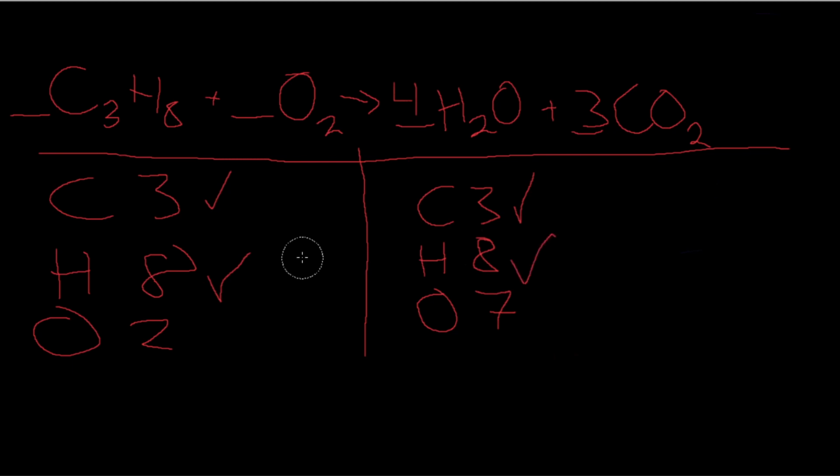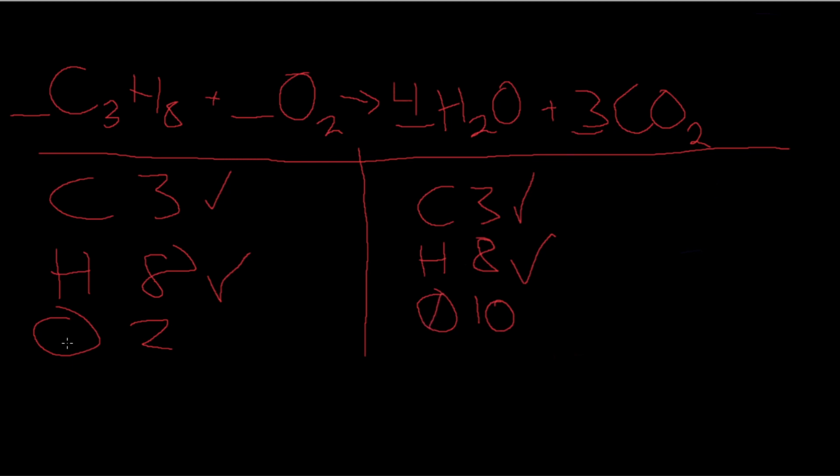And then since we now have 4 times H2O, that means 4 oxygen here and 6 oxygen here from 3 times 2. That means we have 4 plus 6 is 10. So now we have 10 and 2. We can't decrease these to get this down to 2, but what we can do is increase this 2 up to 10.